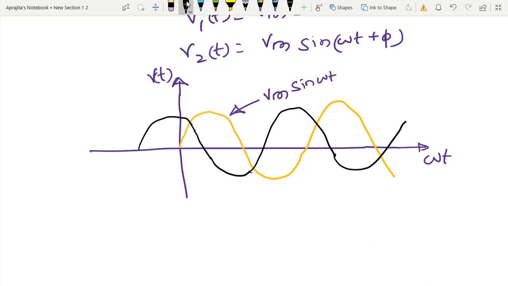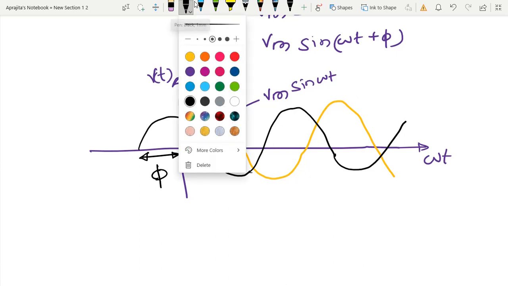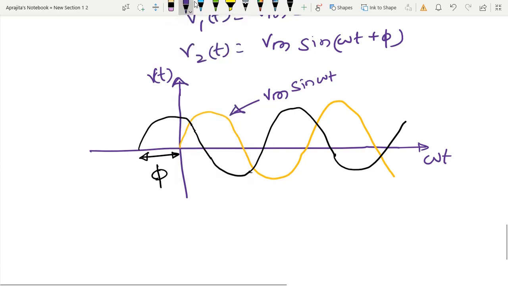Basically this particular portion is nothing but phi, and this is the graph of Vm sin omega t plus phi.